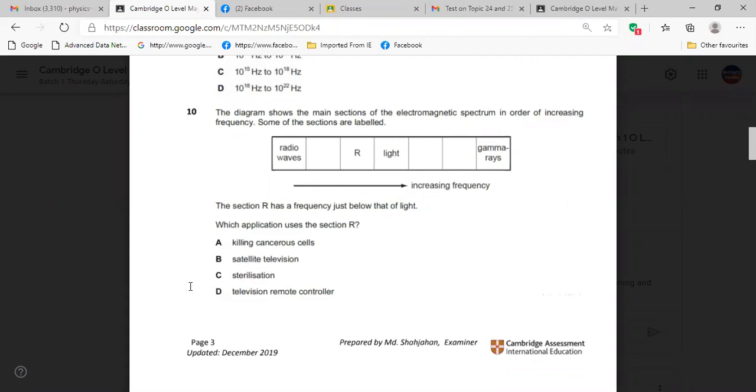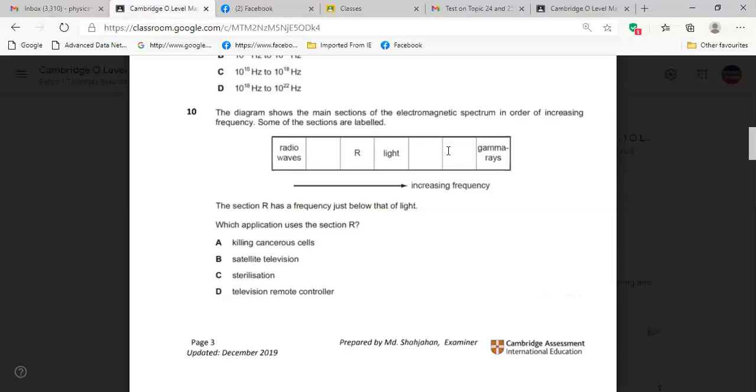In light, we have 7 colors. Which one has the longest wavelength? Red. And beside red, we have infrared. On the right side, increasing frequency and decreasing wavelength, violet has the most frequency or shortest wavelength, and beside it we have ultraviolet.